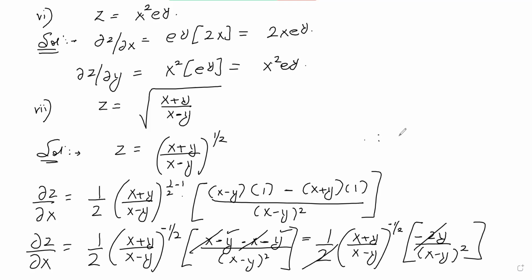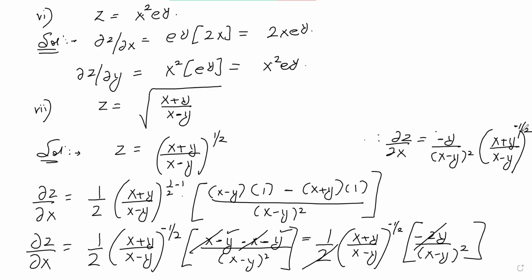So I get therefore del z by del x as minus y over x minus y square times x plus y over x minus y to the power minus half. Okay, this is my answer.